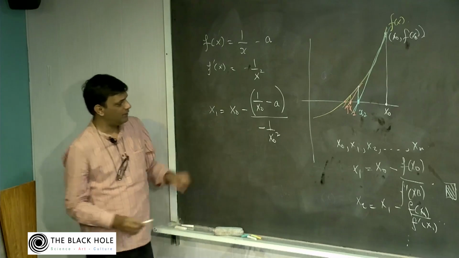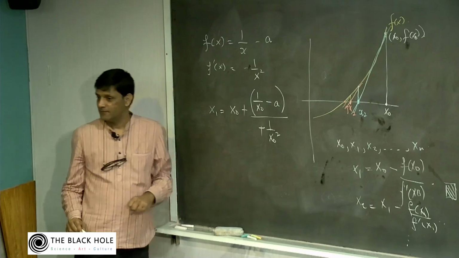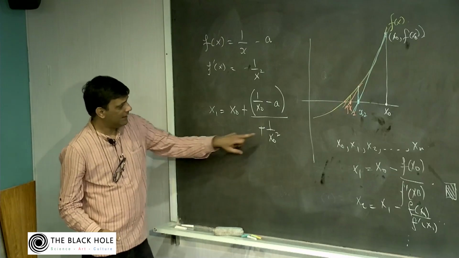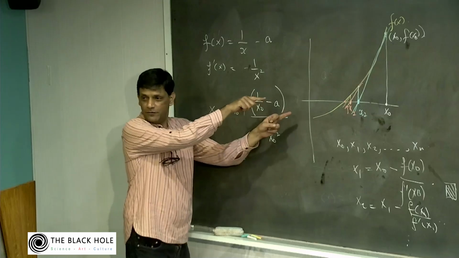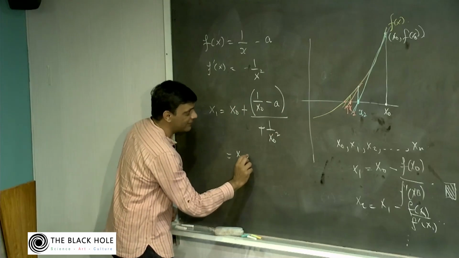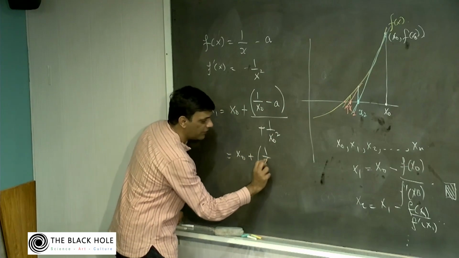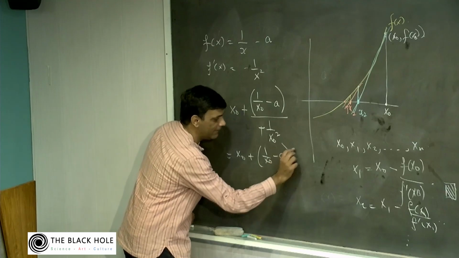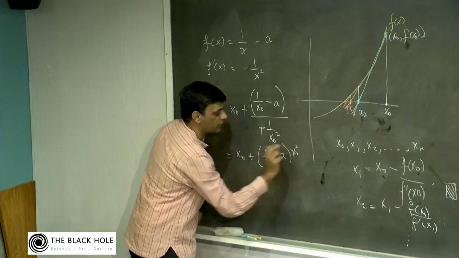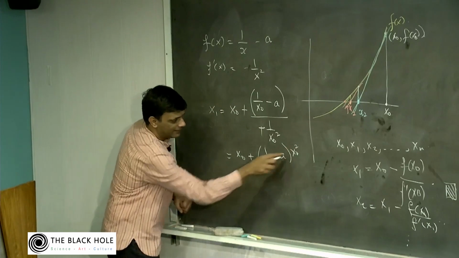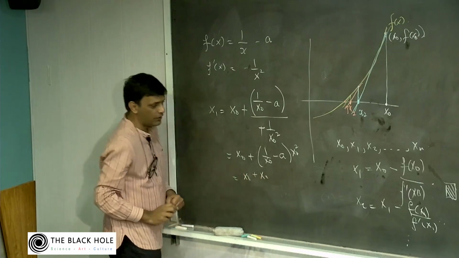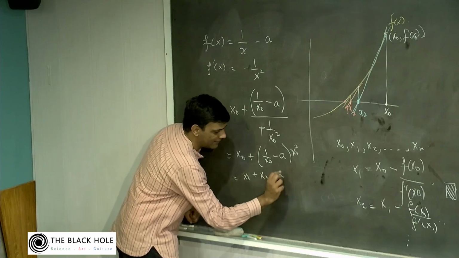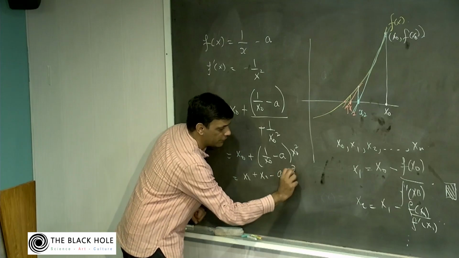Let's do a little bit of algebra. This is going to be x0, and this, I reverse it and multiply it. So this is plus 1 over x0 minus a times x0 squared. When multiplied, this gives me an x0, and this one gives me minus a x0 squared.